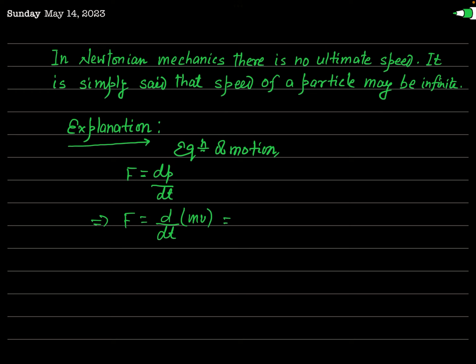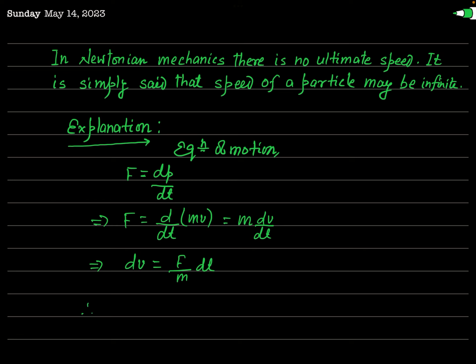And in Newtonian mechanics, you know that the mass of the particle is constant, so this will be m dv by dt. And as we have to find the velocity v at any time t, dv will be equal to F over m dt.